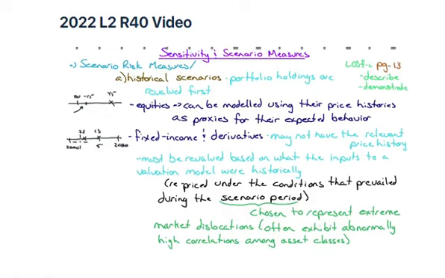The scenario period for historical scenarios is chosen to represent extreme market dislocations, which often exhibit abnormally high correlations among asset classes as well. So when we're going back in time and looking at the correlations among the asset classes, they may not be the same as they are today. Okay, just a point on that. On the last screen, I made a point about the correlations being different. I should have been more clear. You don't have to model the correlations.